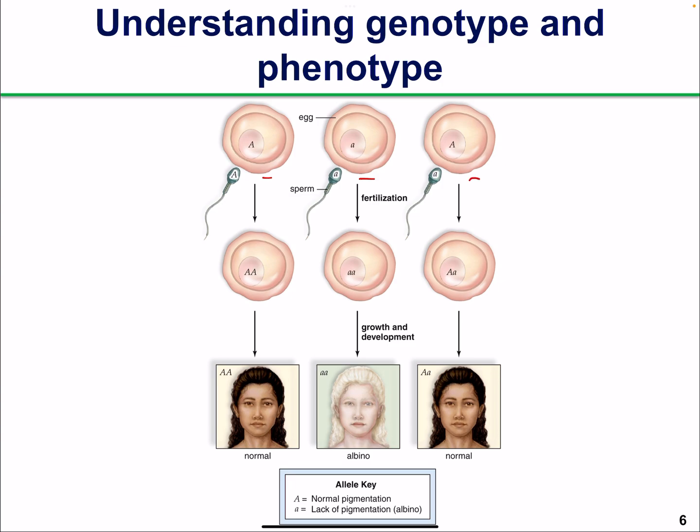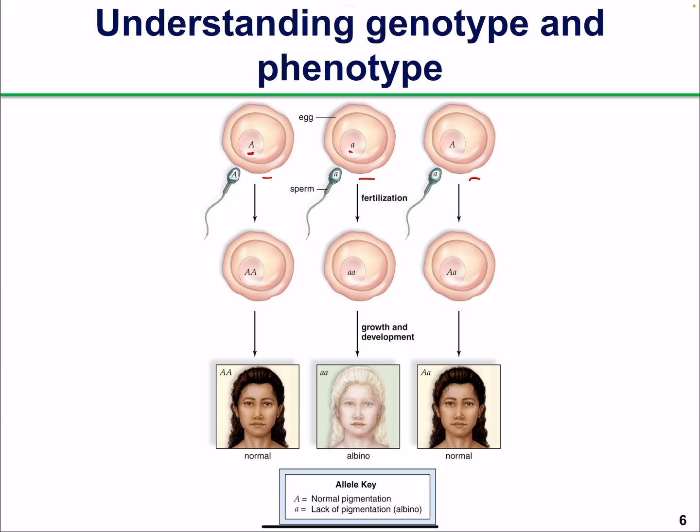Remember that egg cells and sperm cells are haploid cells. In other words, for a particular trait that we are going to call A, we are going to say that it occurs in two forms, a dominant allele and a recessive allele. An egg can have a dominant allele. Another egg can have a recessive allele, right?